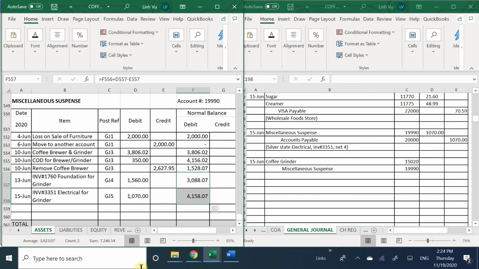So right now, where is our grinder currently located? It's in the miscellaneous suspense. What other things were contributing to the cost of the grinder? There would be shipping, electrical, and tax.